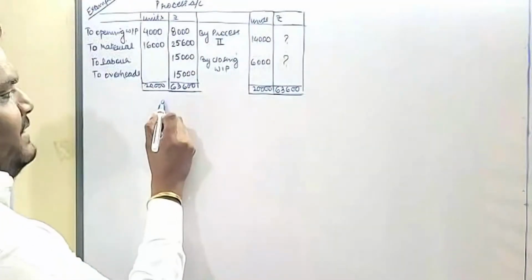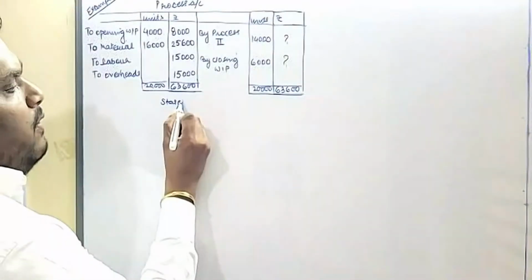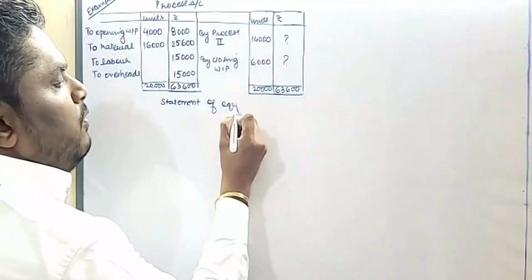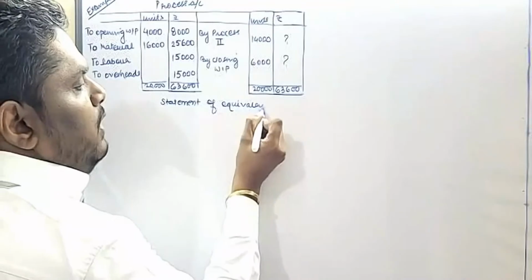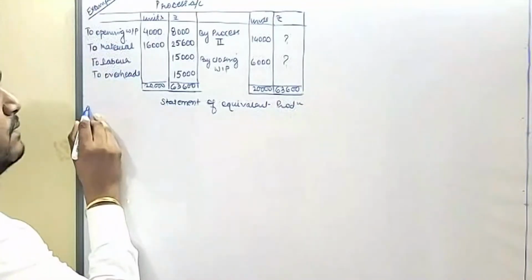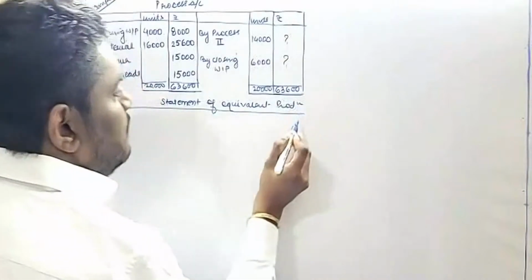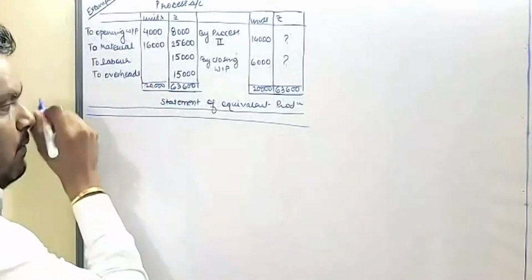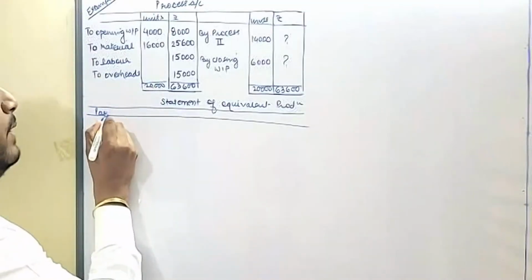Now, the next step is we'll prepare the statement of equivalent production. The first column will be particulars.